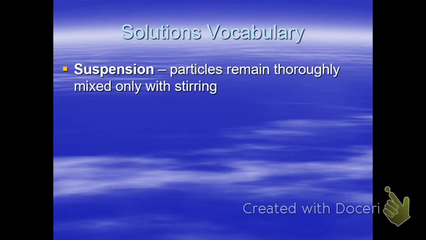A little bit more vocabulary here. If you ever see the word suspension, this is a type of mixture where the particles will remain mixed, but only with stirring or shaking or agitation. Think of some examples in your everyday life of things that you shake up before you use them, things that settle over time.